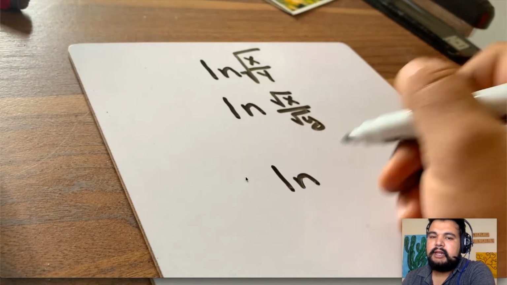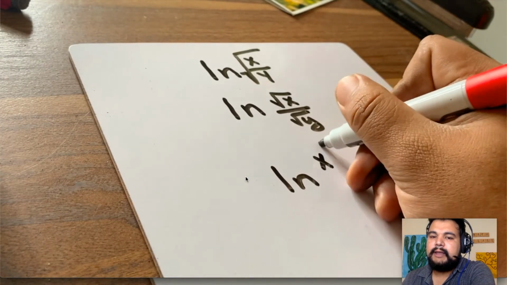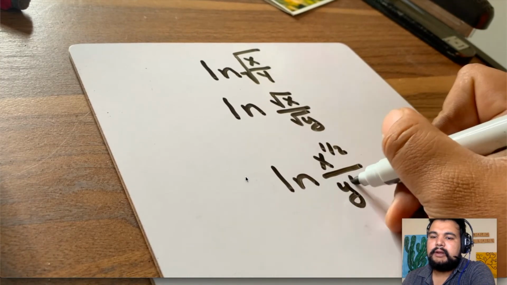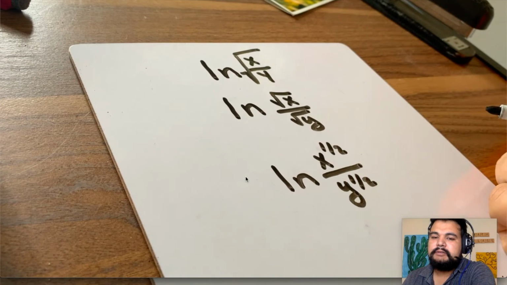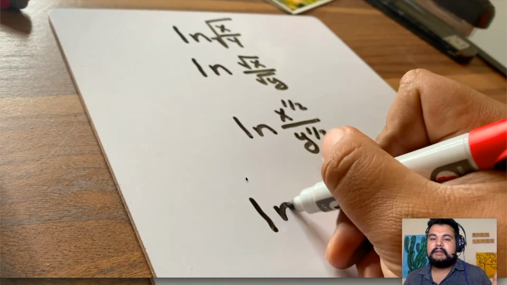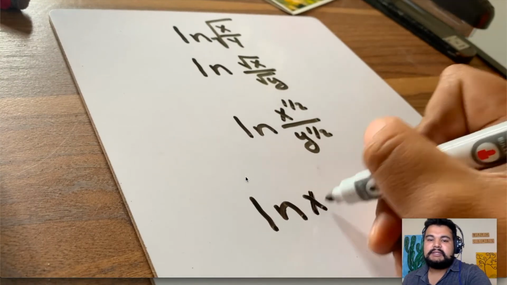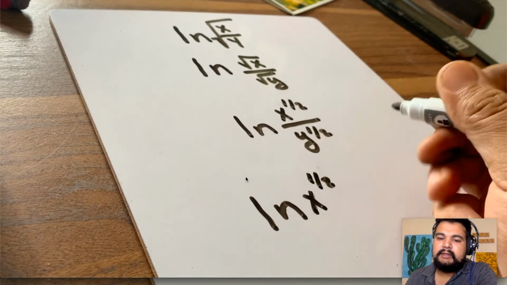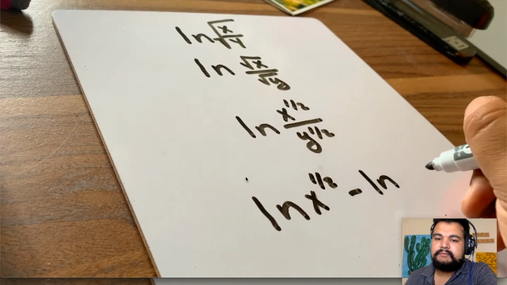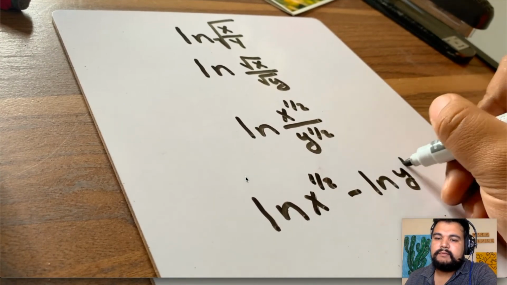Then you have ln of x to the 1/2 and y to the power of 1/2. Because we do have a fraction inside and we were trying to expand it, the x is in the top, so we're going to have a positive ln. And the y is going to have a minus ln, of y to the 1/2.